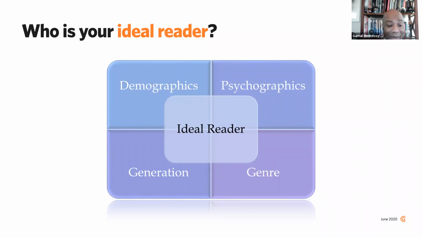This includes things like politics, interests, and entertainment references. Genre focuses on the style of content and the stories they like to read, whether that's comedy, sci-fi, war, etc. And generation is the age group that your story is written for, whether that's toddlers, young adults, or any combination.